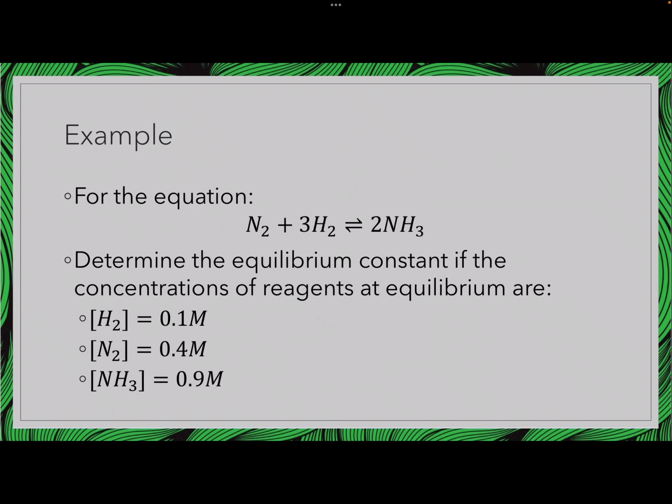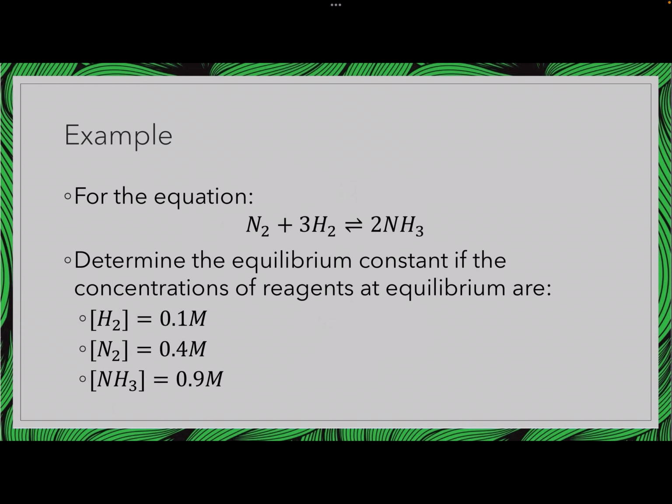For the equation N2 plus 3H2 is in equilibrium with 2NH3, our old friend the Haber process, determine the equilibrium constant if the concentrations of reagents at equilibrium are 0.1, 0.4, and 0.9. First things first, we need to get the K equation.